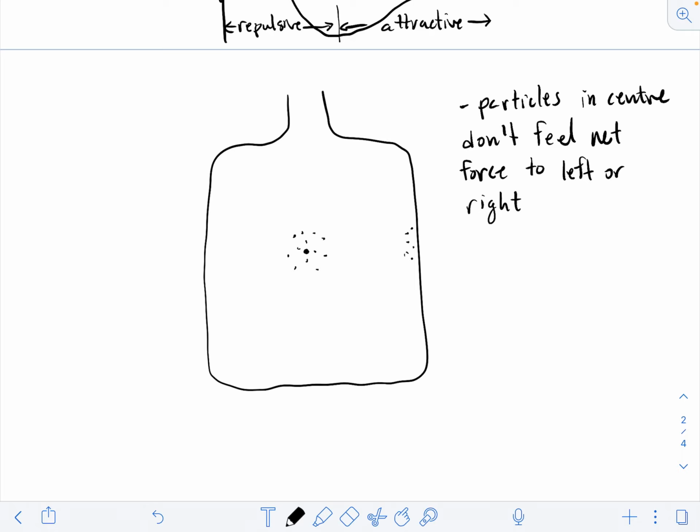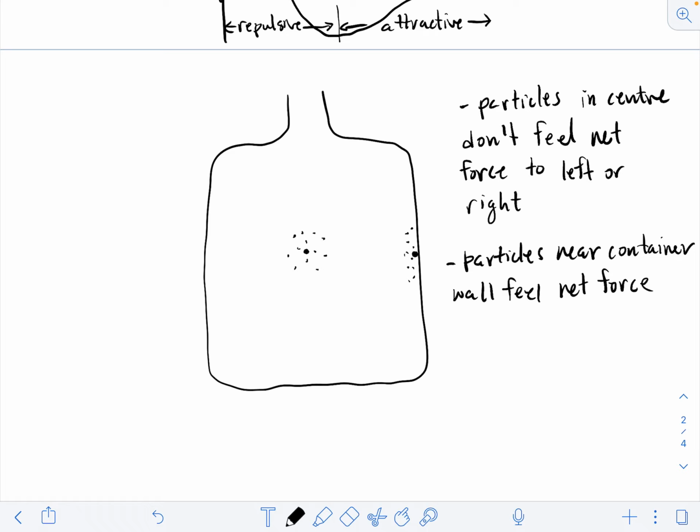Okay, and then we could think about some particles over here near the wall of the container. So particles near the container wall do feel a net force. And why is that? It's because if I take a particle over here, it's attracted to the particles to its left, but because of the wall, there are no particles to the right, and so it's not attracted to the non-existent particles on the right-hand side.